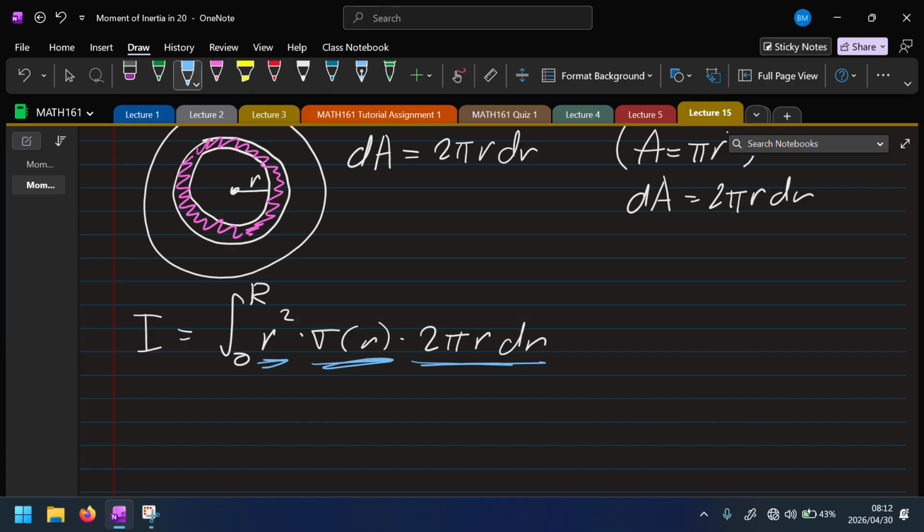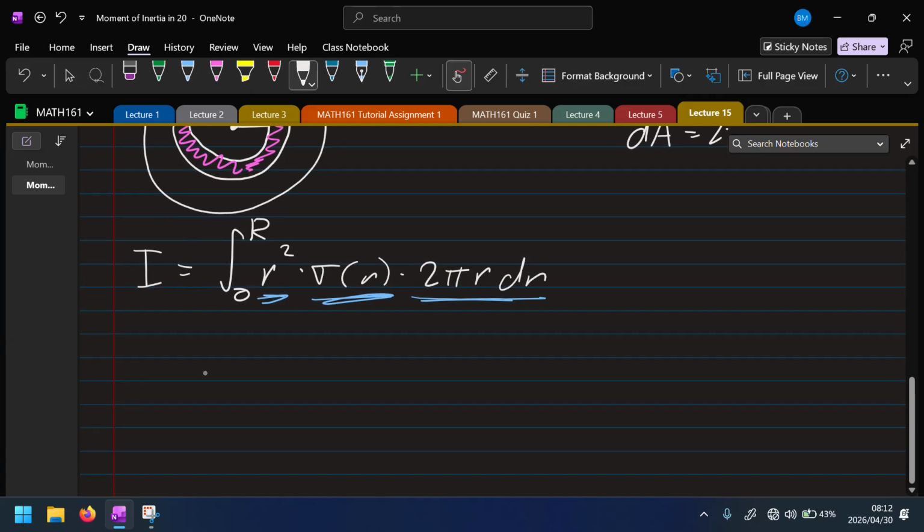And we've got r and r squared, that'll be r cubed. So we can write it like that. So given some disk with mass density sigma, we can work out the moments of inertia.